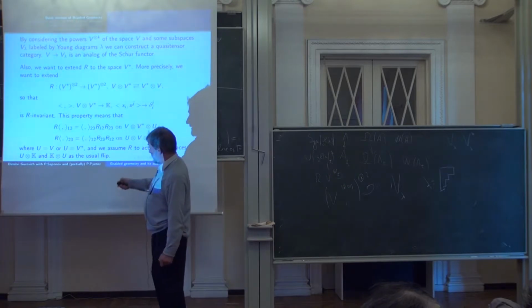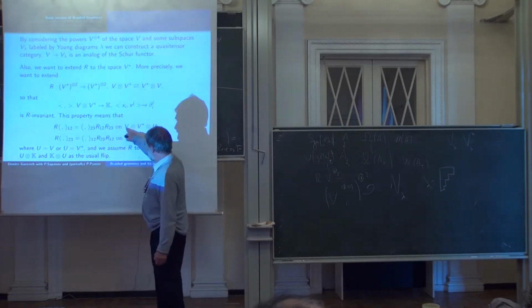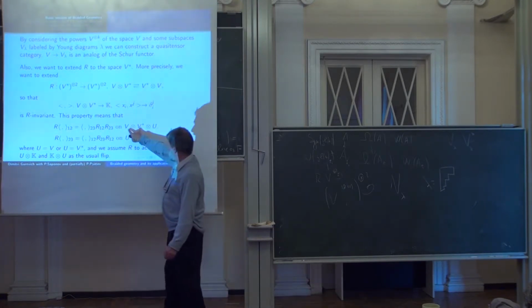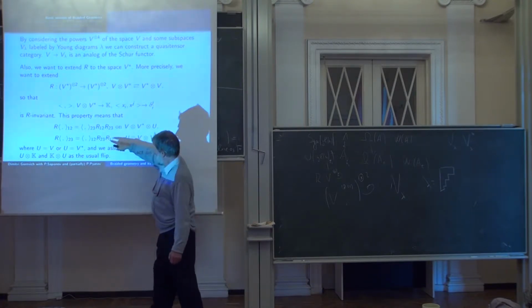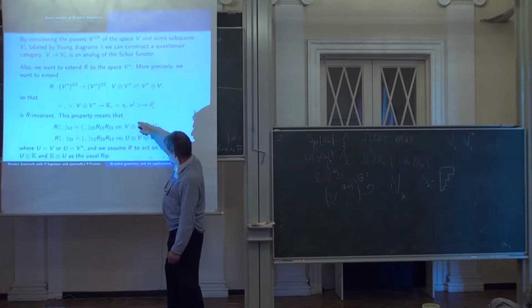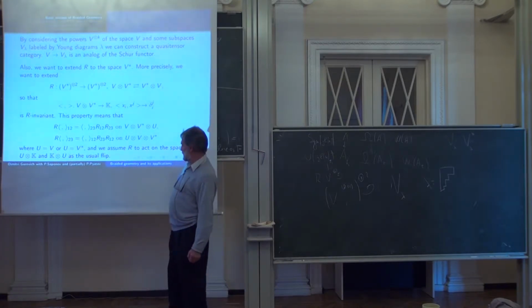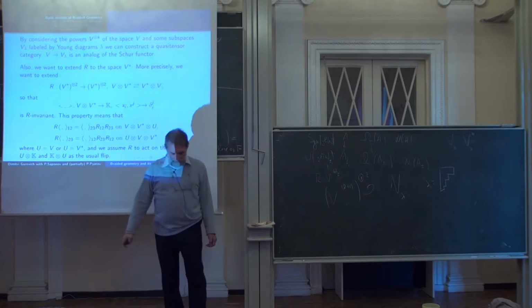This property means that if we take three objects, and we apply first the pairing here, after that we transpose U to the first position. Or the second way is the following: first we transpose U here, and after that we apply the pairing on this position. We have the same result for any U, V or V dual.